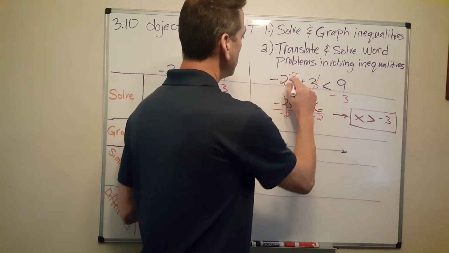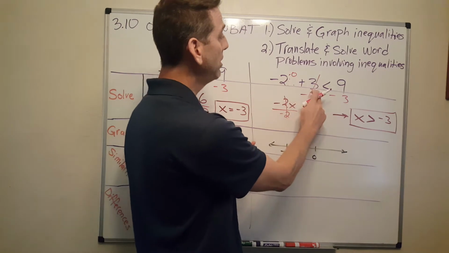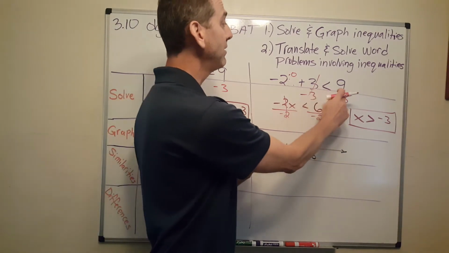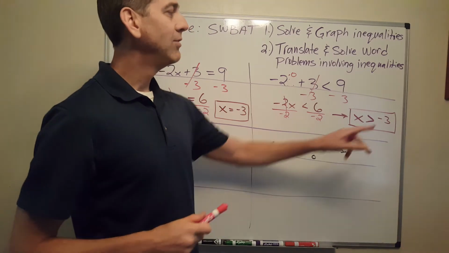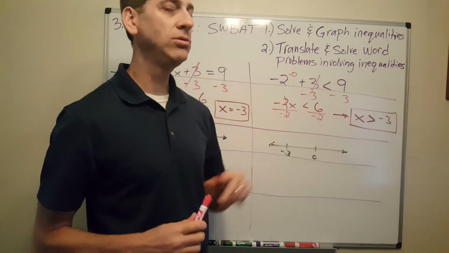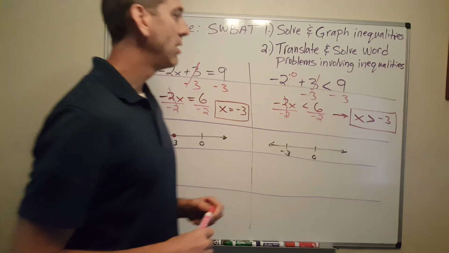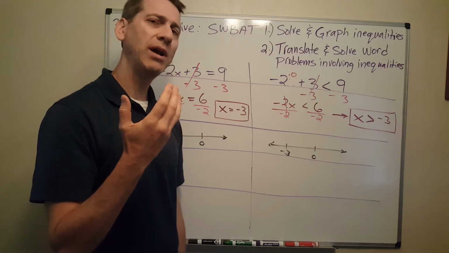Negative 2 times 0 is 0, and 0 plus 3 is 3. Is 3 less than 9? It is. So actually, this is the correct solution. Why is that? Why did I have to reverse my inequality symbol?